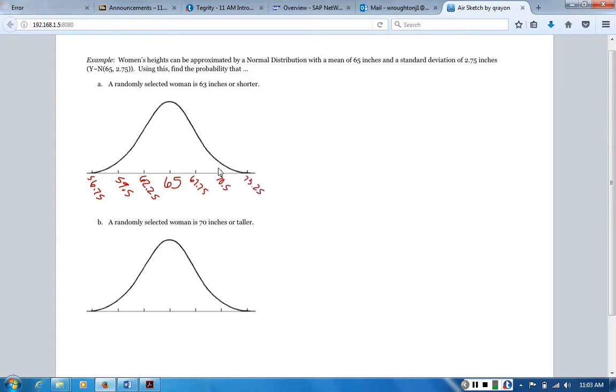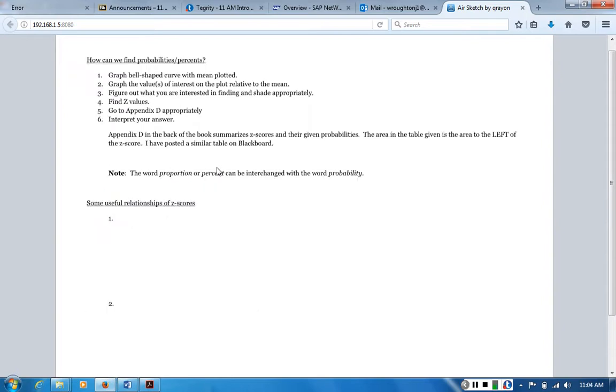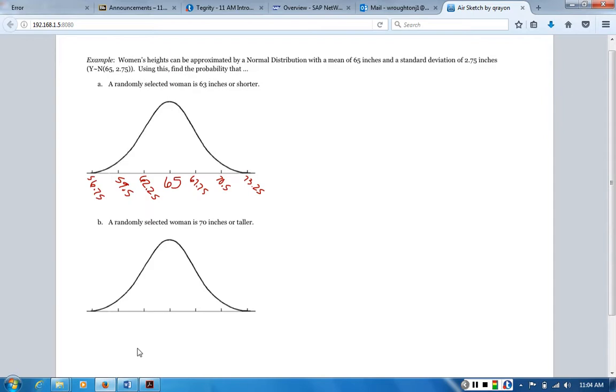All right, so we've done the first part of our directions. I've graphed my bell-shaped curve. Now we're going to graph the value or values of interest relative to the mean. So basically, what number shows up in the problem? 63. Where does it belong on my picture? It's somewhere over here.